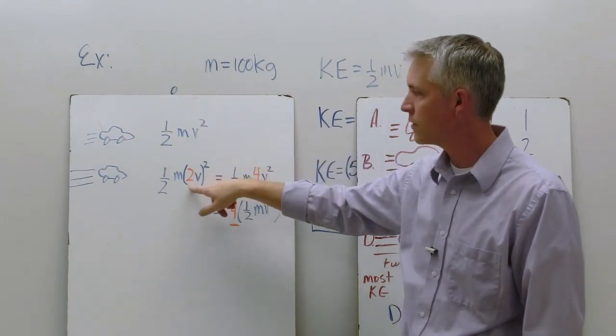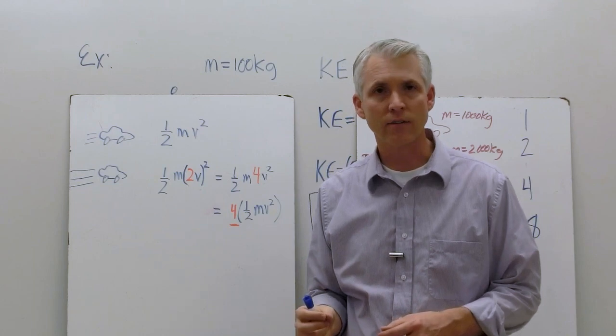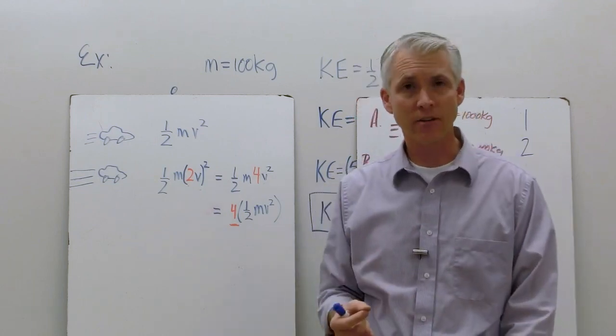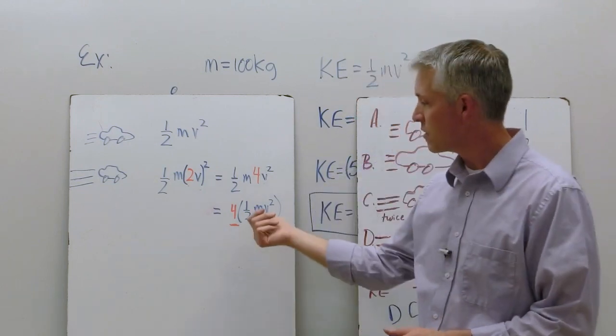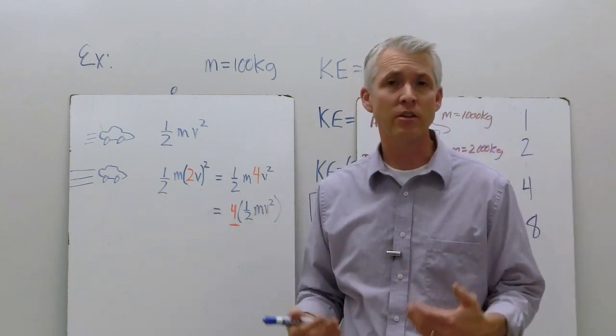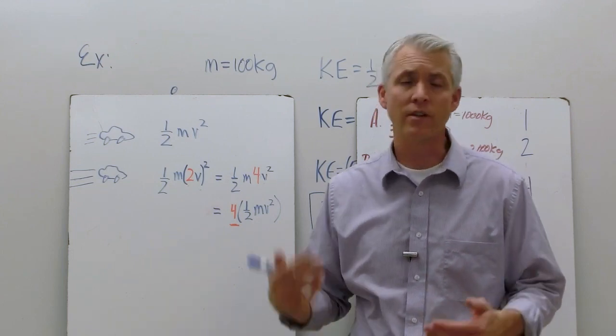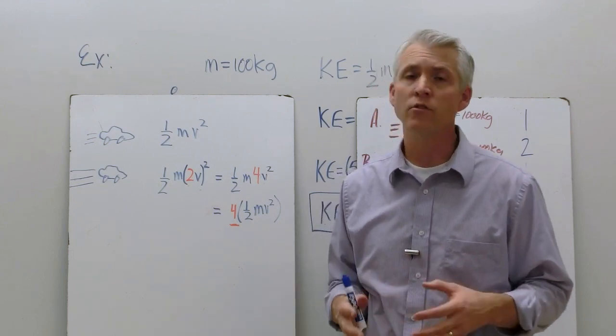Same car going twice the speed limit, you have 4 times as much kinetic energy when you're going twice as fast. That means that if you get in an accident, the accident will be roughly 4 times as bad because you have 4 times as much energy that you have to dissipate. And usually that happens by the car rolling or slamming into something, which is not good news for the people inside it.